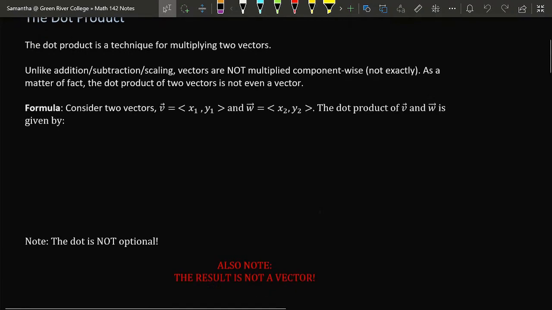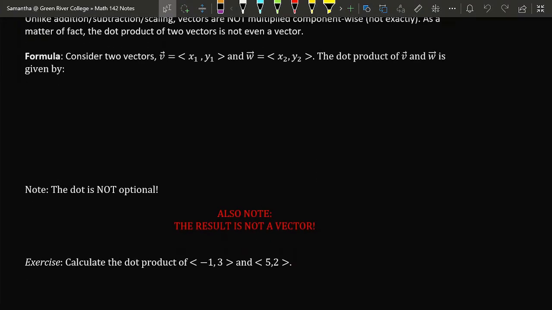To give you the formula, suppose that we have two vectors, one of which is called v and one of which is called w. The dot product of these two vectors is denoted by v and then a big old dot and then a w. Now, unlike when we're multiplying real numbers together, where we have a couple of different options in terms of how to represent multiplication, when we're taking the dot product of two vectors, this dot is not optional.